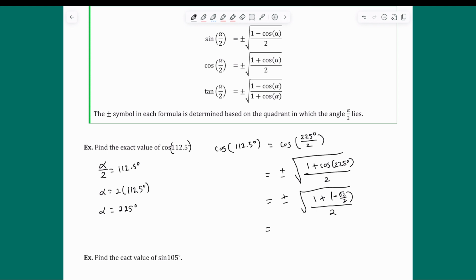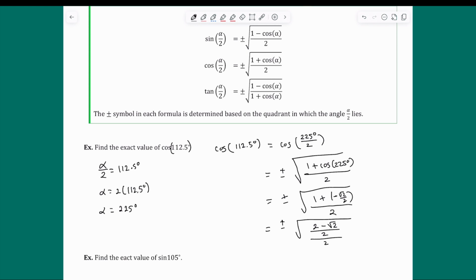All right, so let's go ahead and clean that up. Plus or minus the square root of 1 minus root 2. Actually, let me back up a little here. So we have 1 plus negative root 2, so that's 1 minus root 2, but 1 can be thought of as 2 over 2. So this is going to be 2 minus root 2 over 2 all over 2. A little messy there.